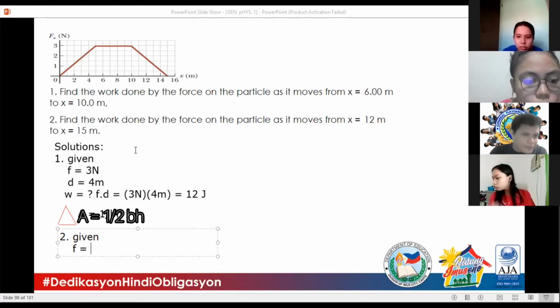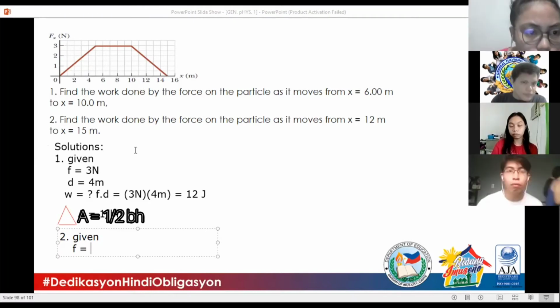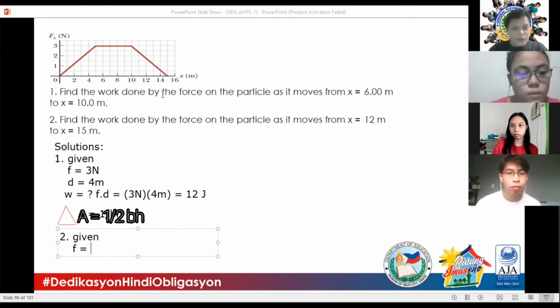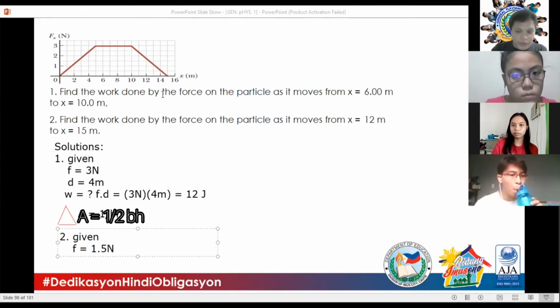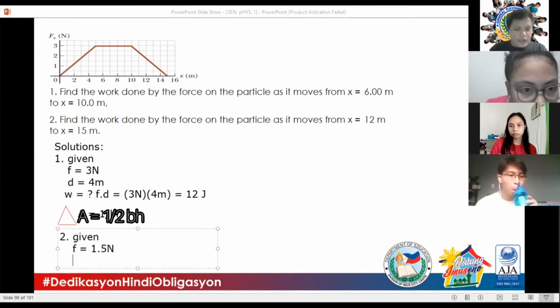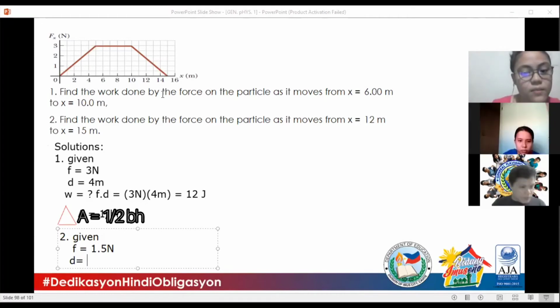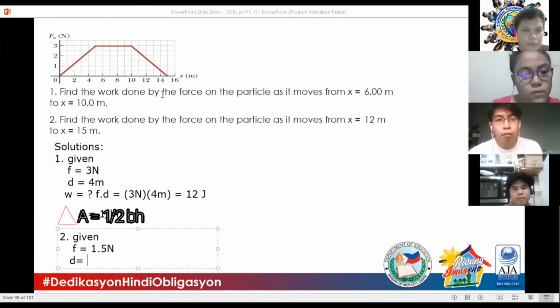Ano yung height niya? Sir, I think it would be 1.5 Newton po. 1.5 Newton. Kasi yung 12, yung nandito. Yes po, nasa pagitan ng 2 at 1. Okay. So you have 1.5 Newton for the force. For the displacement, what will be your displacement? Sir, ano po? 3 meters po.